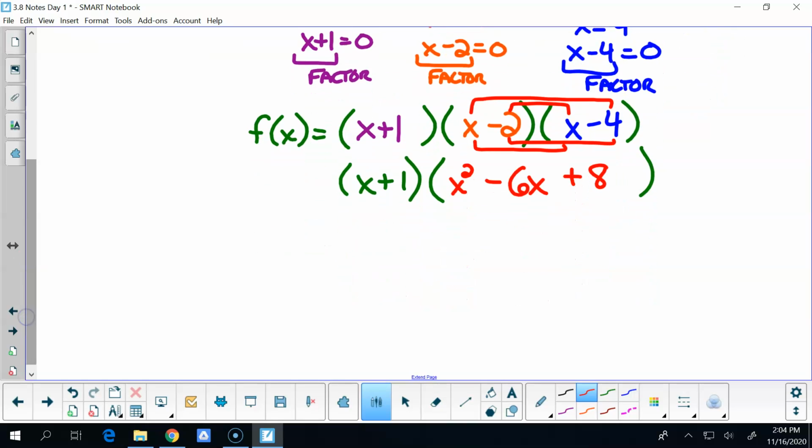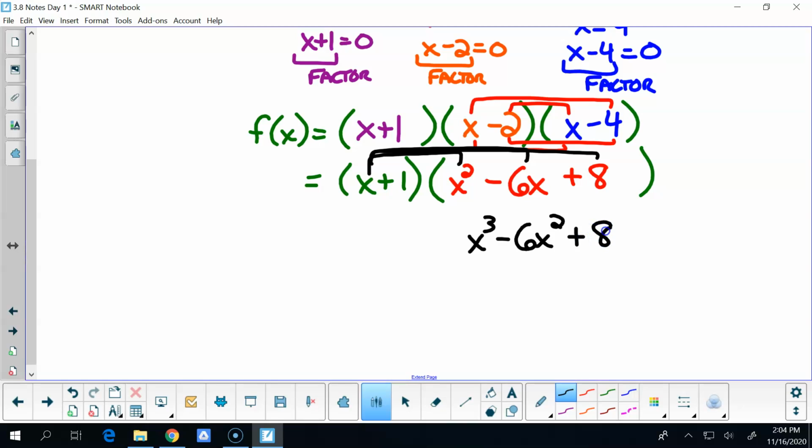But I'm not done quite yet. Now I would take this x and distribute it to all 3 spots in my trinomial. That would be x cubed minus 6x squared plus 8x.